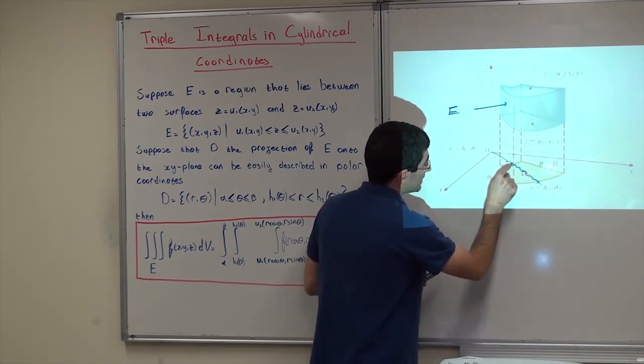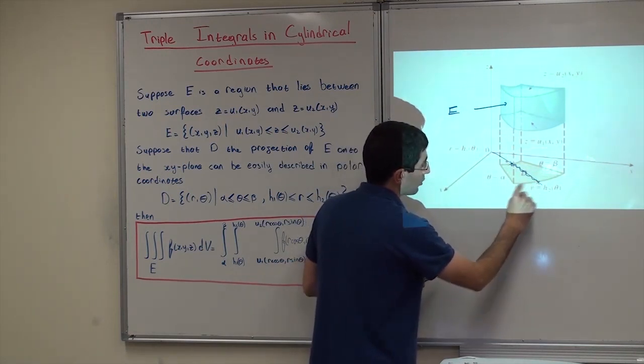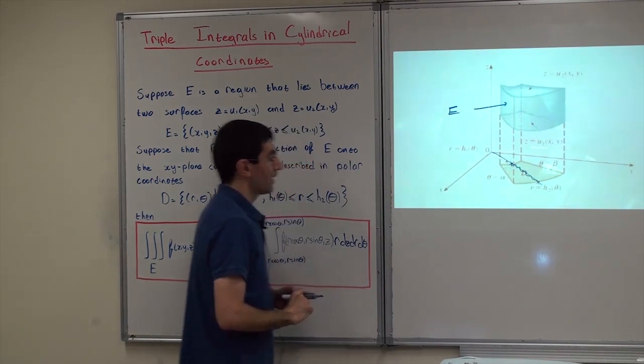Here, this point is on the polar curve r equals h1(theta), and this point is on the polar curve r equals h2(theta).